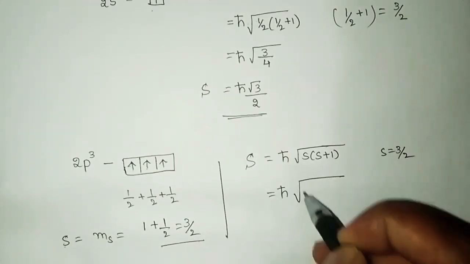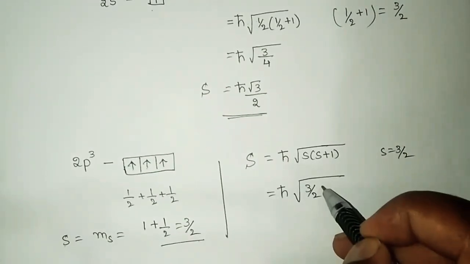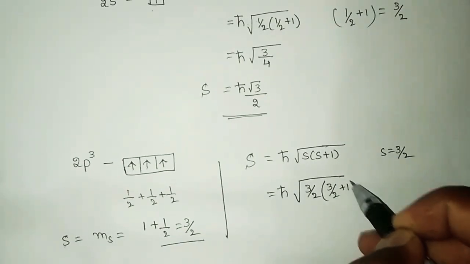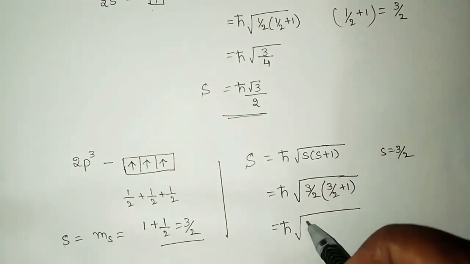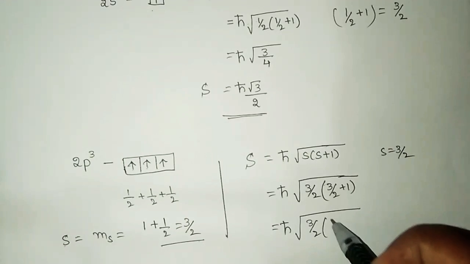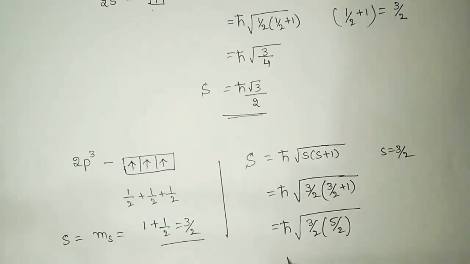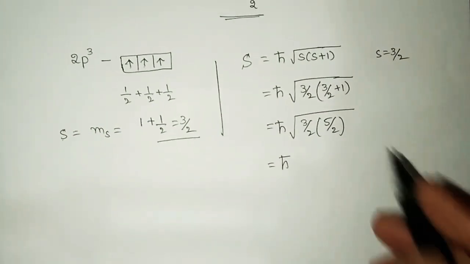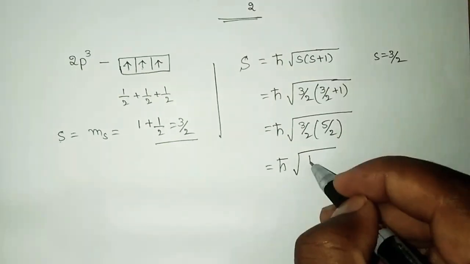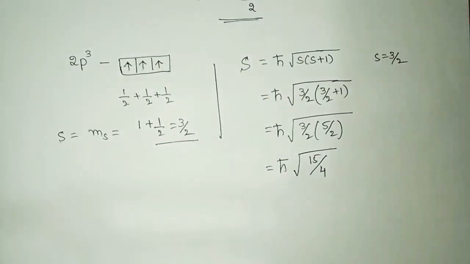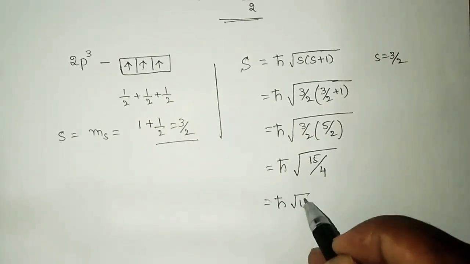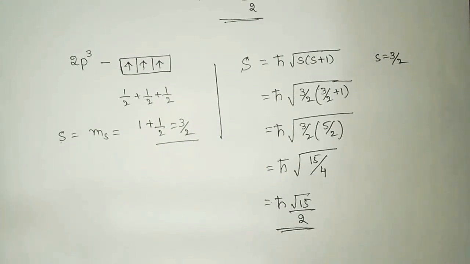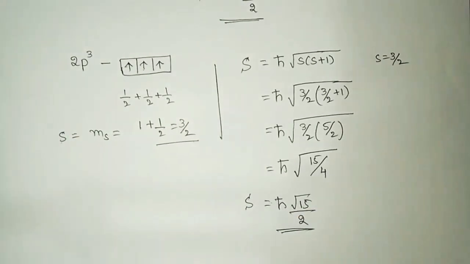So now h cross into square root of 3 by 2 into 3 by 2 plus 1, that equals h cross into square root of 3 by 2 into 5 by 2, that equals h cross into square root of 5 3s are 15 by 2 2s are 4, right? So that is h cross into square root of 15 by 4. That is the spin angular momentum of the 2p orbital.